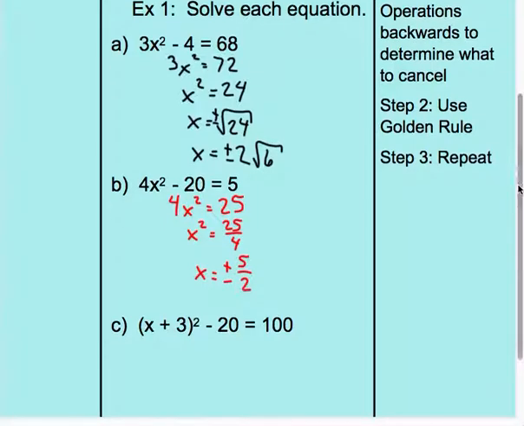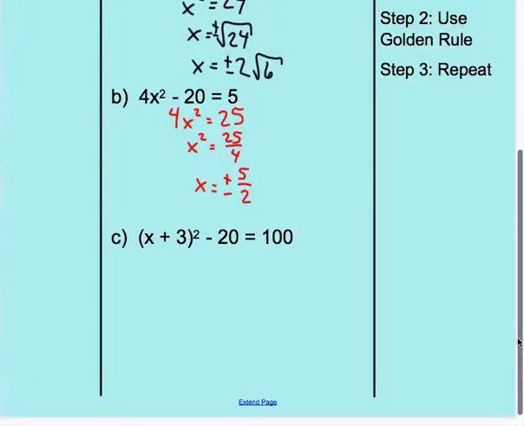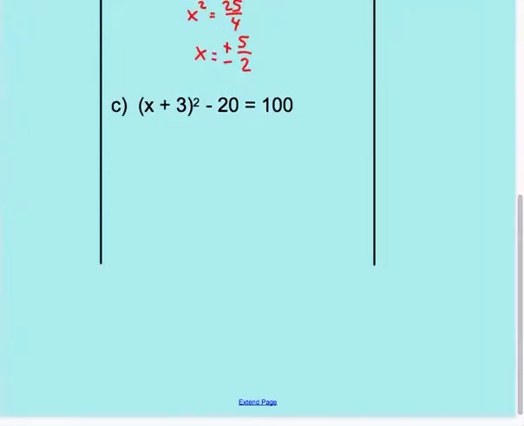The one on the bottom looks a little bit more complicated, but we're still just going to work from the outside in towards the variable. So the first thing I'm going to do on this one is add 20 to both sides. Taking the square root. Now on this one, you can finish solving the equation and then simplify your radical, or you can simplify your radical and then finish solving.